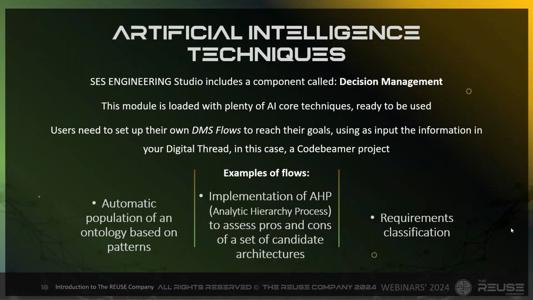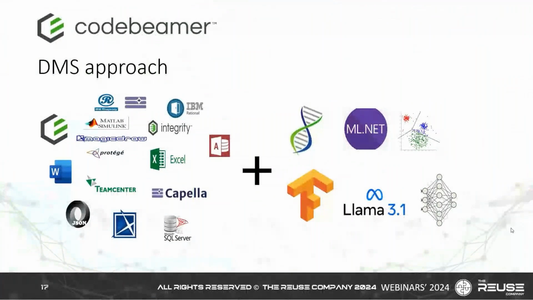So 4 different scenarios, a few words about these scenarios. The first one is, as I said, the connection of artificial intelligence techniques. So plenty of techniques like those that you can see on the right-hand side of the screen. Also, as I said, the implementation of large language models, small language models, on top of all the different tools that we can connect to.